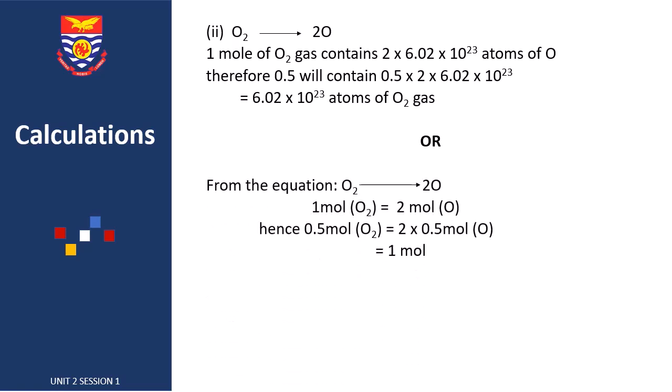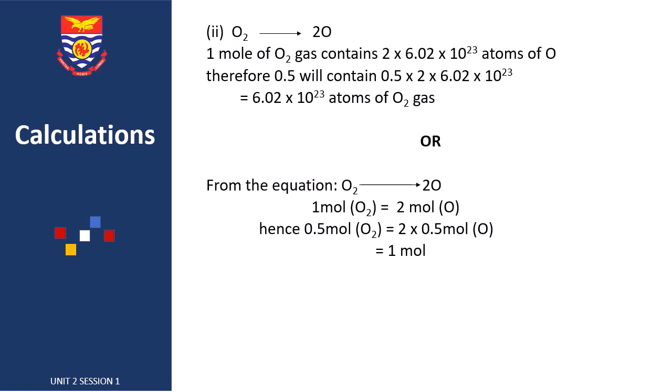So in this equation, every 1 mole of the oxygen molecule or oxygen gas will give us 2 moles of the oxygen atom. If 1 is equal to 2, then 0.5 is equal to what? That is equal to 2 times 0.5 divided by 1, and that will give us 1 mole.